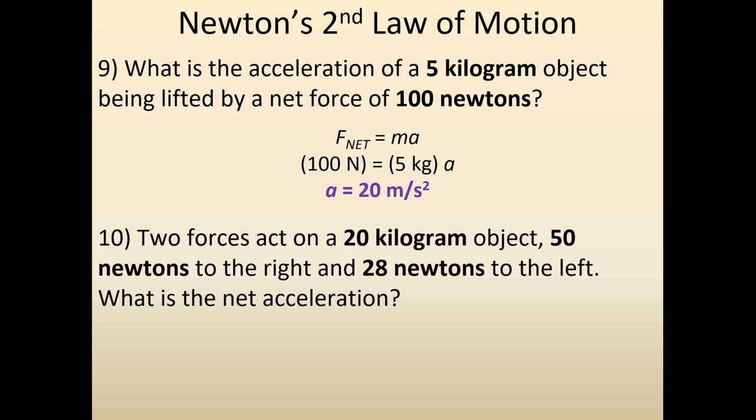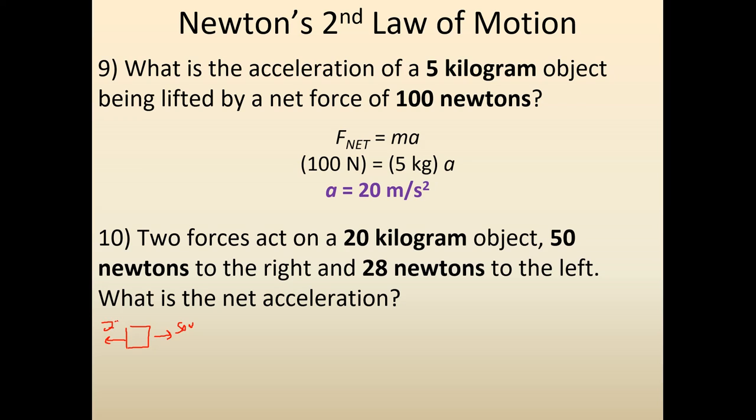For the next one, this time they're giving us two forces, so I have to go back to what F net actually means. F net means the sum of the forces. So I have two forces. I have a 50 Newton force to the right. I have a 28 Newton force to the left.